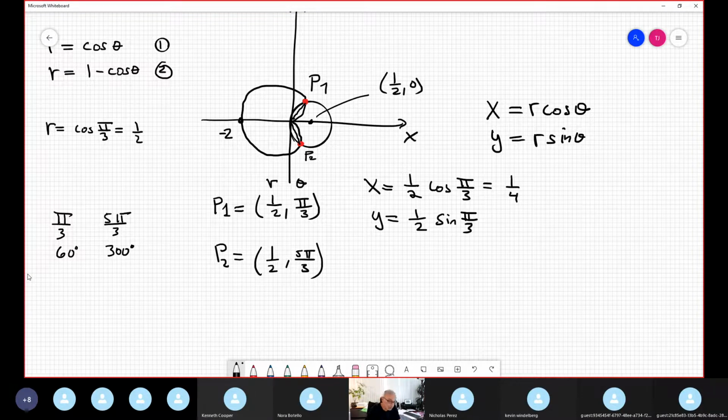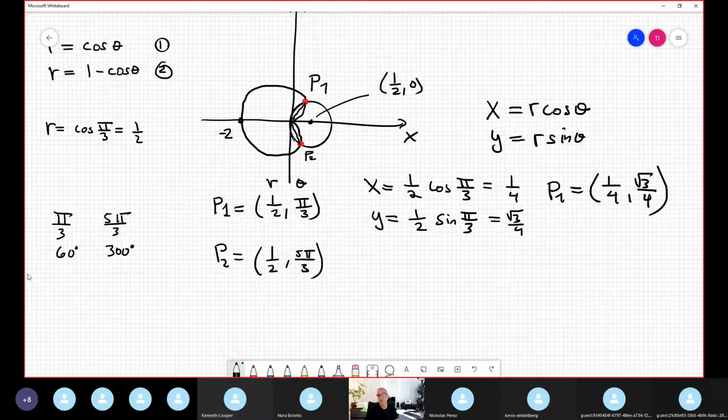Sine pi over 3 is radical 3 over 2, so 1/2 times radical 3 over 2 is radical 3 over 4. So this point in rectangular, P1, is 1/4, comma, radical 3 over 4. This is the x value and this is the y value. Do you follow me?